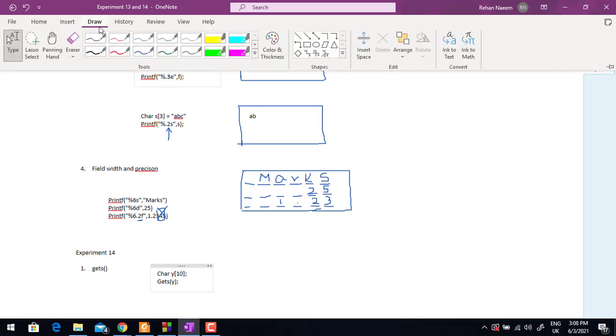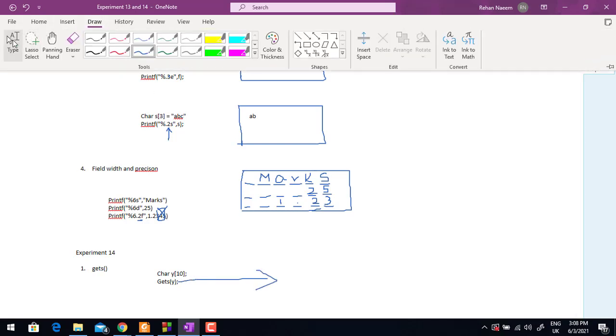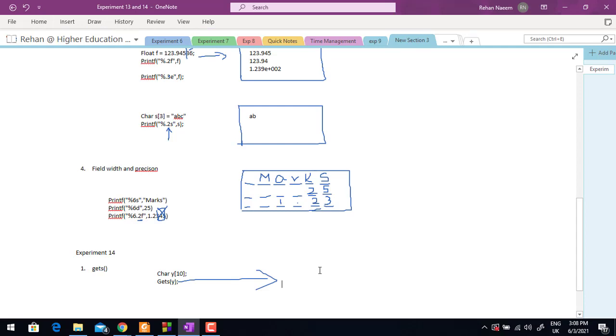This is the concept behind gets. It prompts the user to enter a string which might contain white spaces.